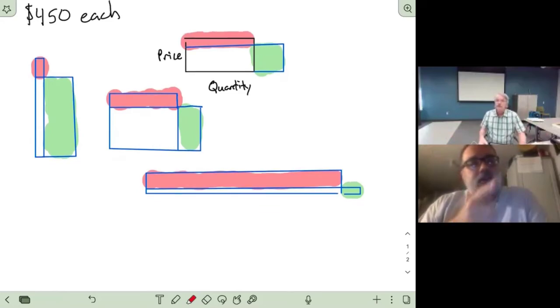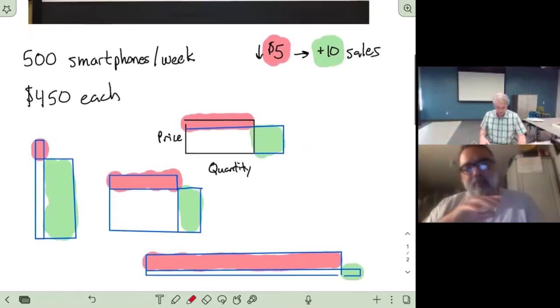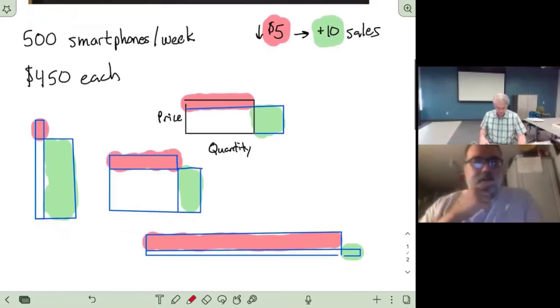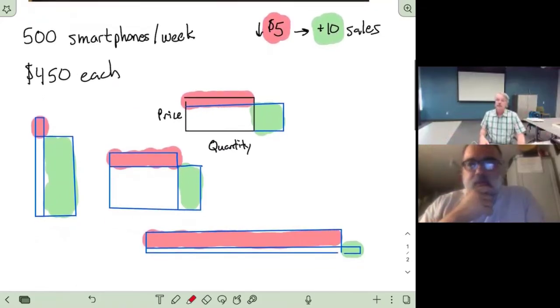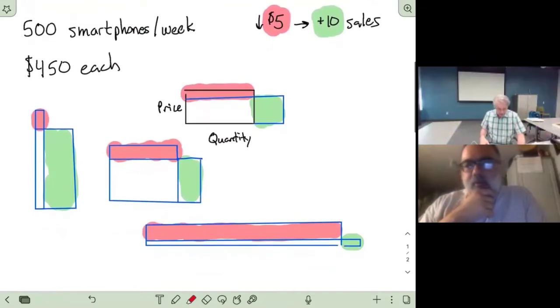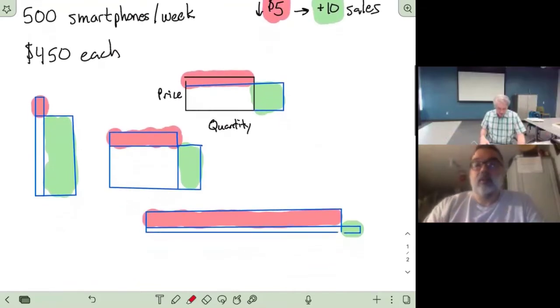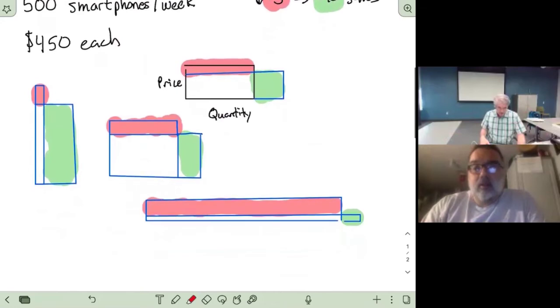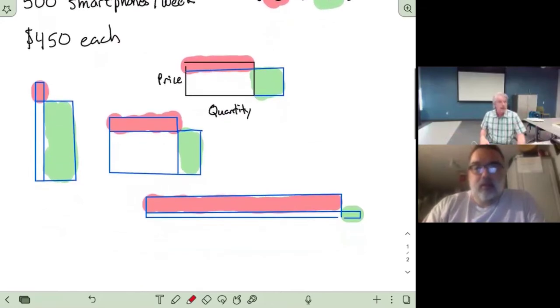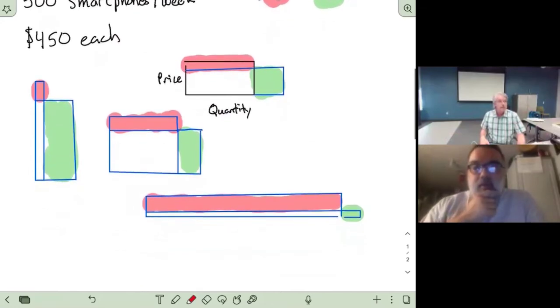Well, I was just going to say, is there an economics name for that Goldilocks moment you were talking about? Yes, this would be where the marginal, um, this is not a cost curve.